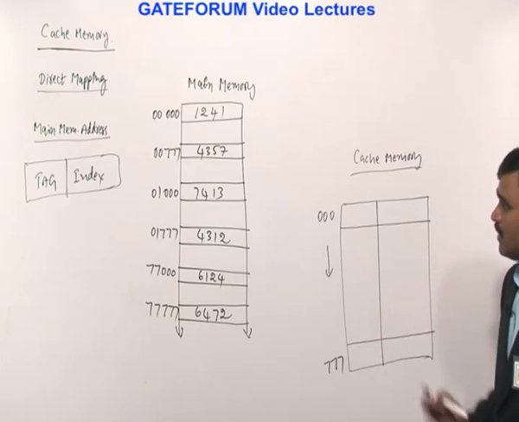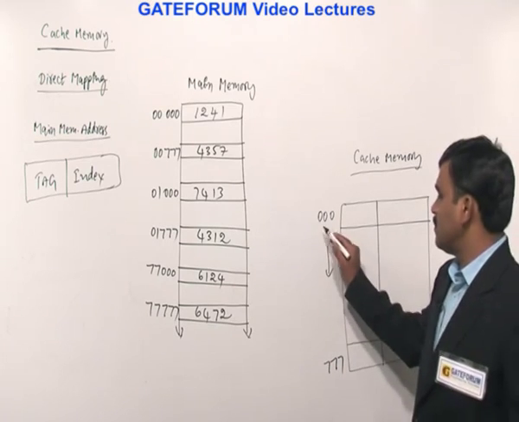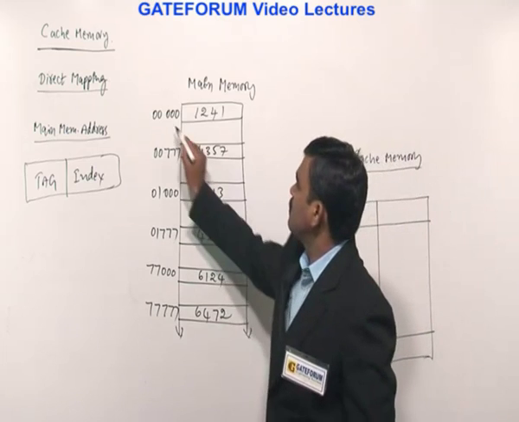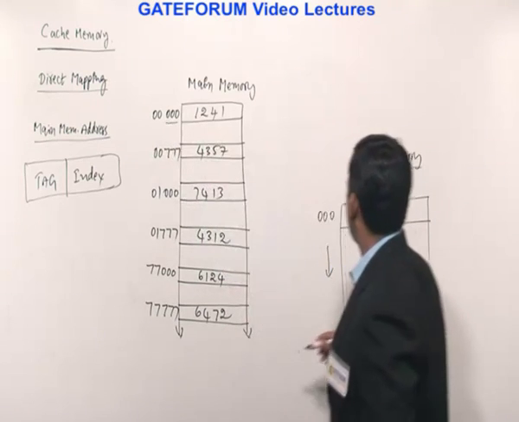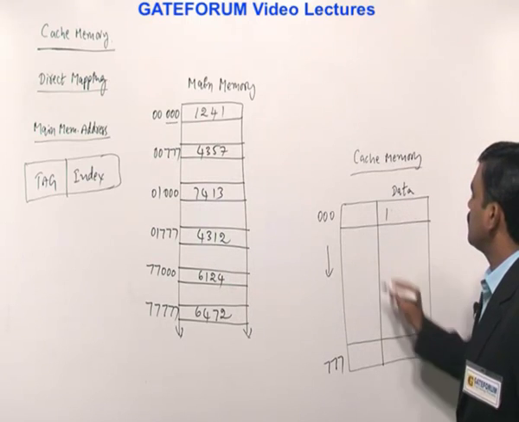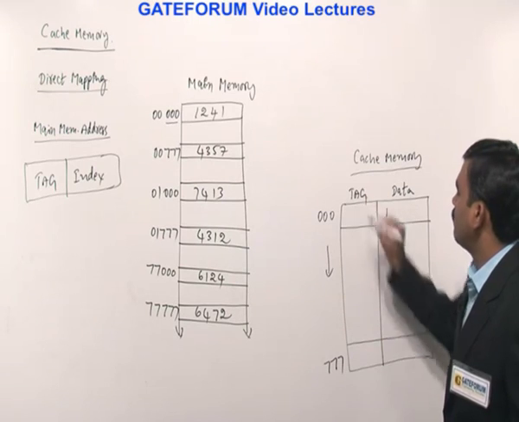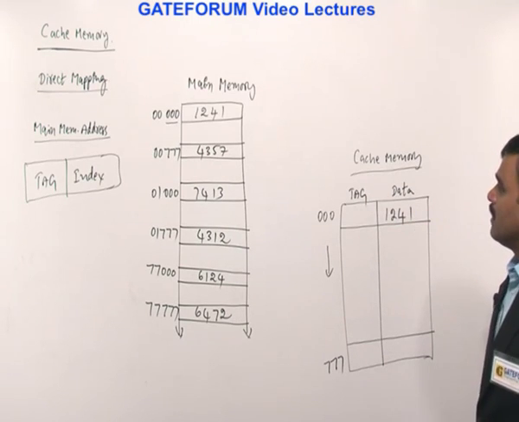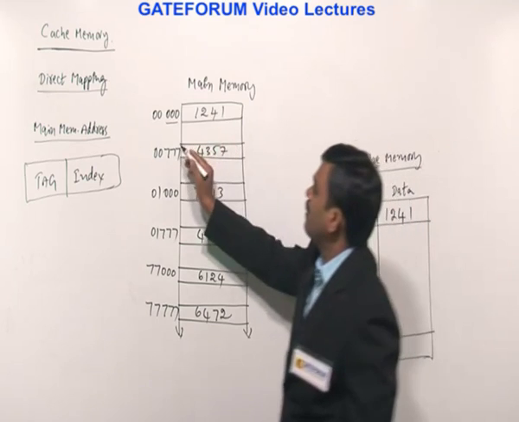Let us assume the index is 000, and I am showing index 777. Related to index 000, I am storing 1241, for example. This is the data of the cache and this is the tag of the cache. So 1241 is the data related to the index, but what is the tag of this?